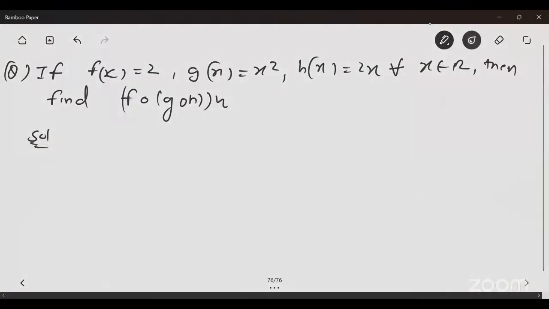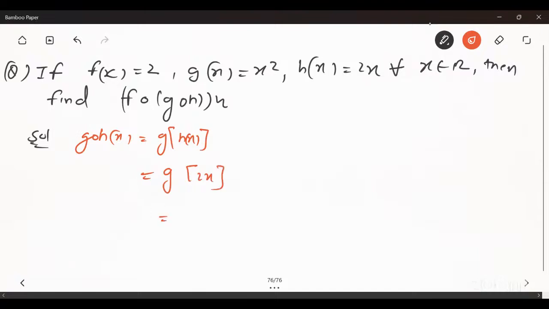Now see the solution. Firstly, find g of h(x). The value of h(x) is 2x. So g of 2x means you have to find the value of (2x) square, which is equal to 4x square. Now find the value of f of g of h of x.